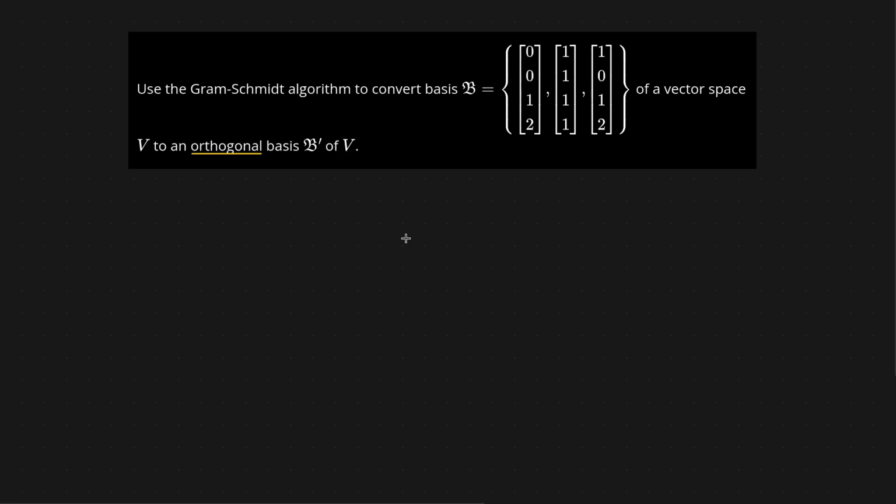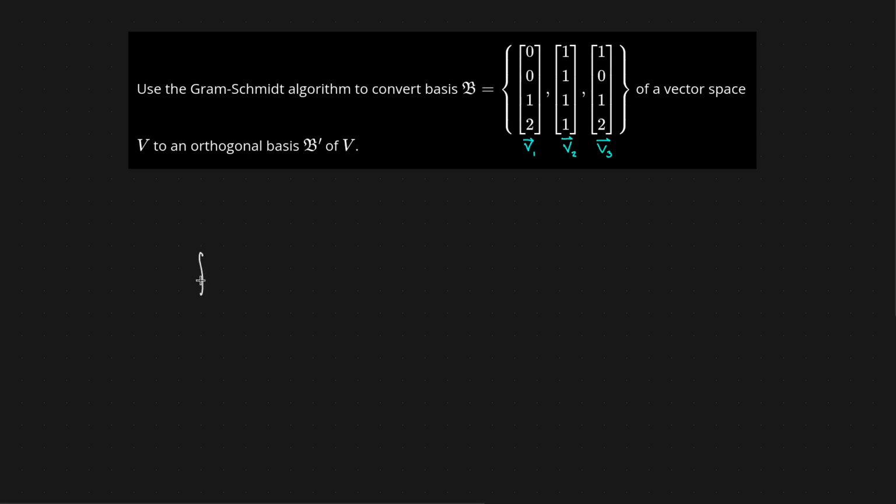All right? So we're just going to apply the Gram-Schmidt algorithm step by step. So step one, let me label the vectors in my original basis B. Call them V1, V2, V3.